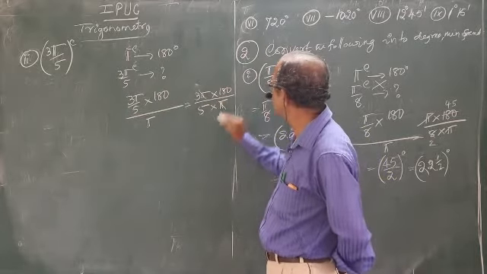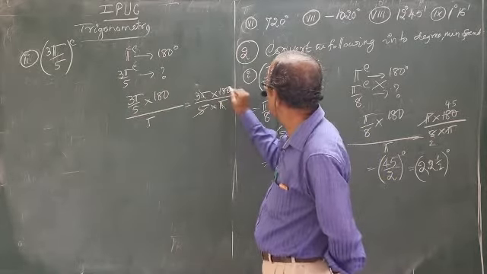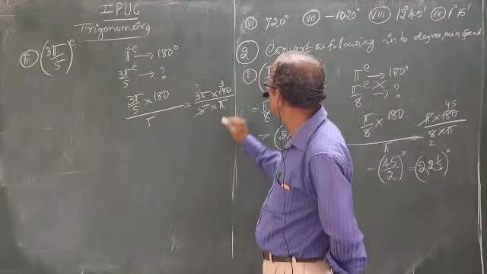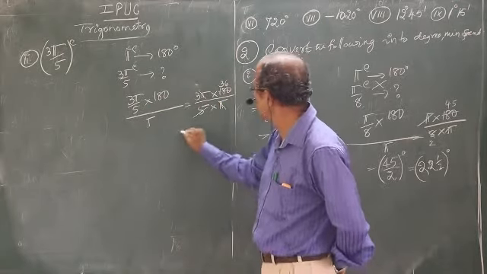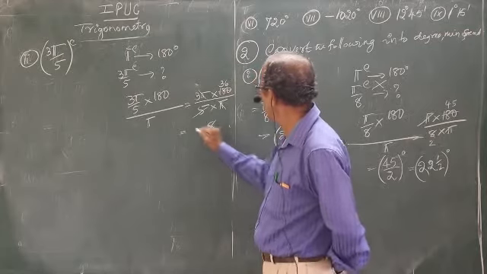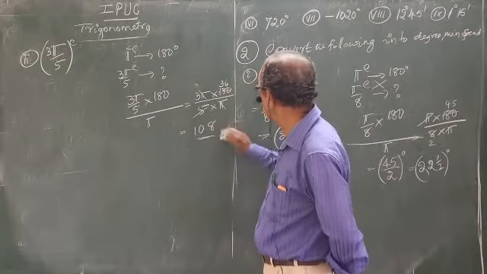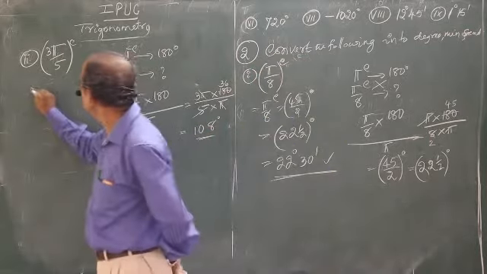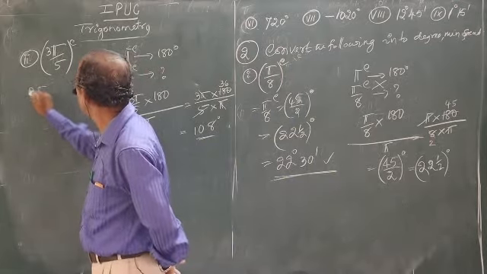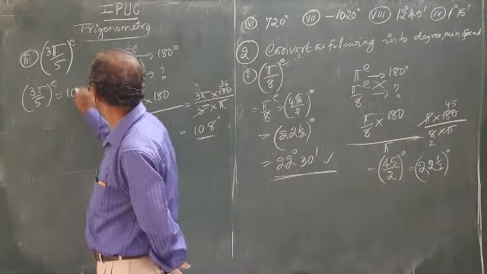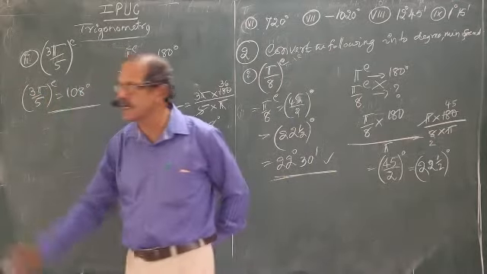Cancelling pi, 5 36s are 180, 3 36s are 108. So 3 pi by 5 radian equal to 108 degree.